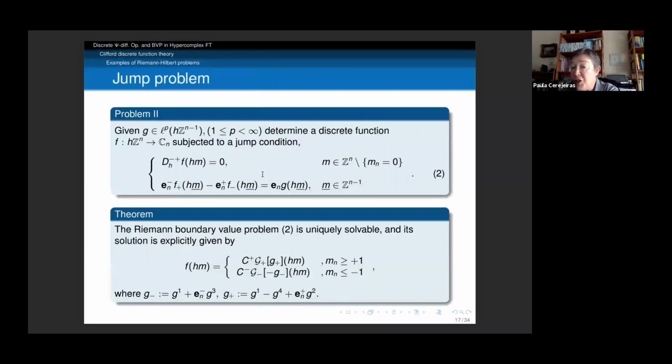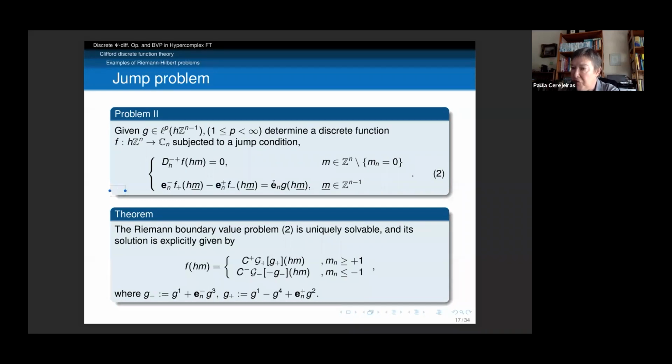You have also a jump problem, and that jump problem has a nice condition because you have the projectors here. You need to have a very specific kind of jump where, instead of having the value in the upper half plane and the value in the lower half plane, you don't need all of that jump. You only need the projection on the E minus and E plus.